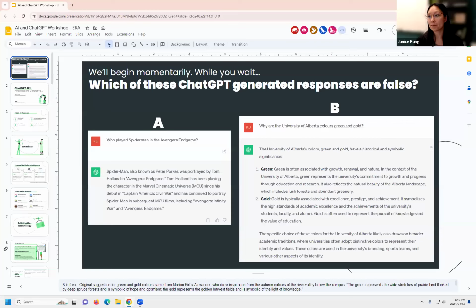Yes, thank you. Okay. This was my very first slide of the session before I even began. So that was my hook, right? So this was kind of interactive at the beginning of the workshop, just to tell them to type in the chat, tell me which one's false, A or B. And then they would type it in the chat, and that generated some conversation, which I thought was so fascinating, because some people said, oh, it has to be A is false because of this, or B is false because of this, or they're both false.